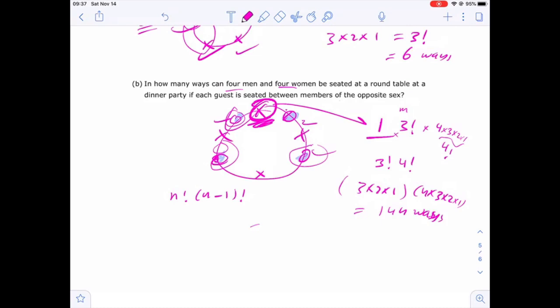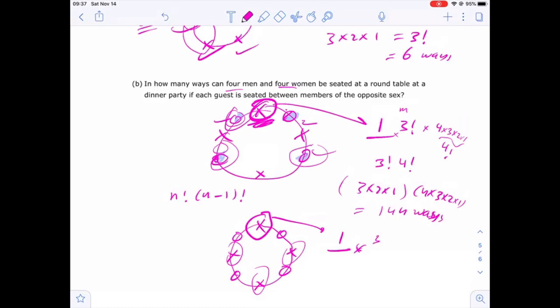So once again, let me do it again here. We have, for example, 4 men and 4 women. We first start by choosing one seat. If I decide to choose this seat, we can seat one person. So we just write 1 here because we determined one seat. The first person only has one seat available, so one way to sit. And then the second one, if that's a man, has 1, 2, 3 different choices. The third one has 2.